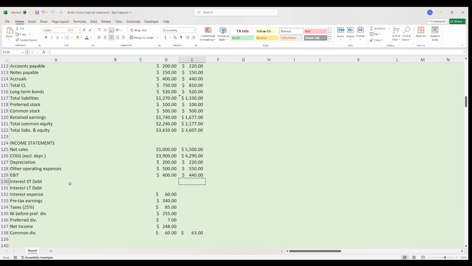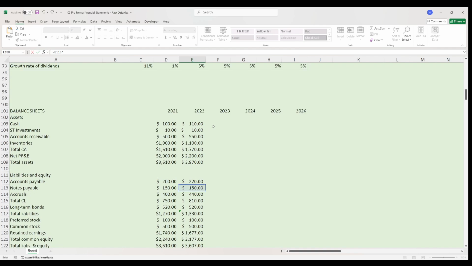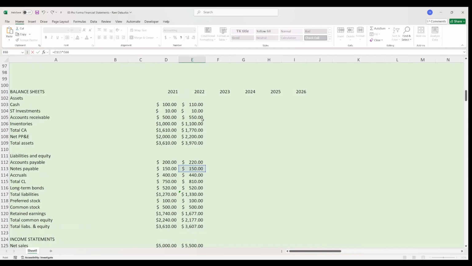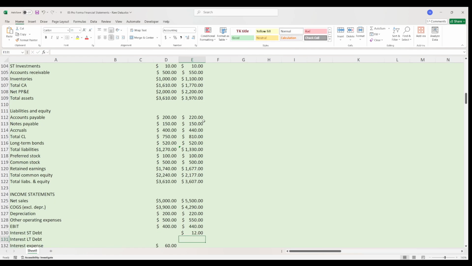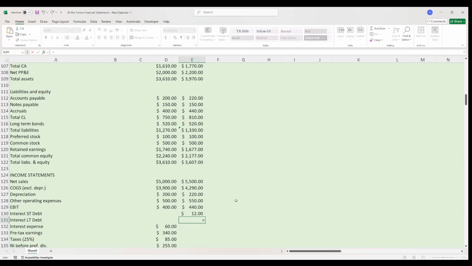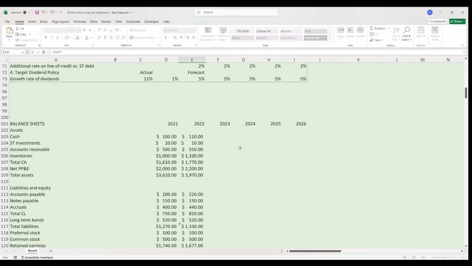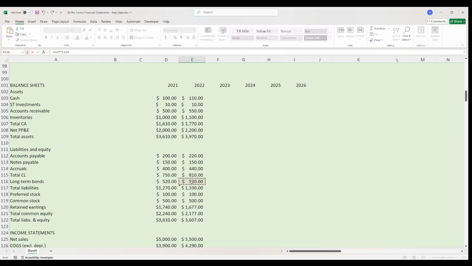The interest from short-term debt is determined by the balance of short-term debt multiplied with the interest rate, which is here. And then the interest on the long-term debt is going to be the interest rate of long-term debt, which is here, multiplied with long-term debt, which is here.